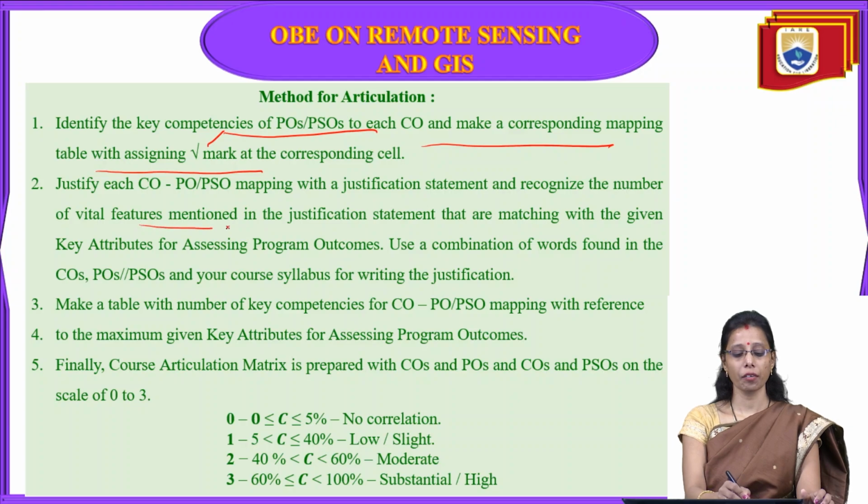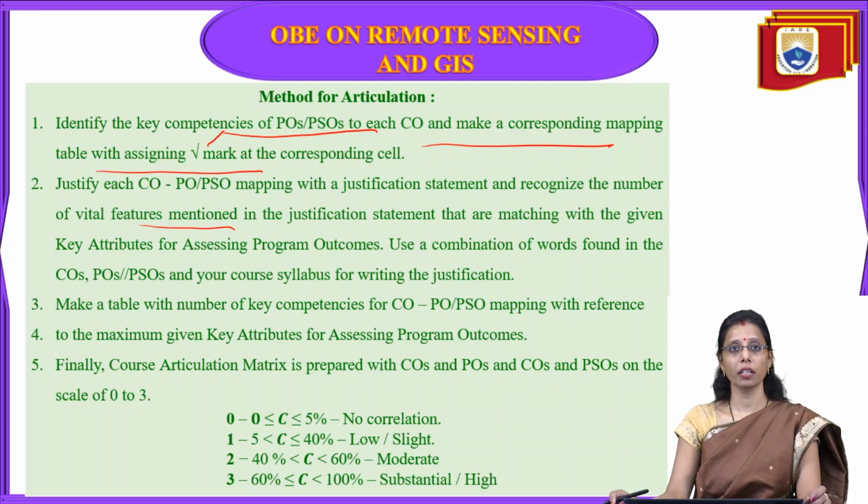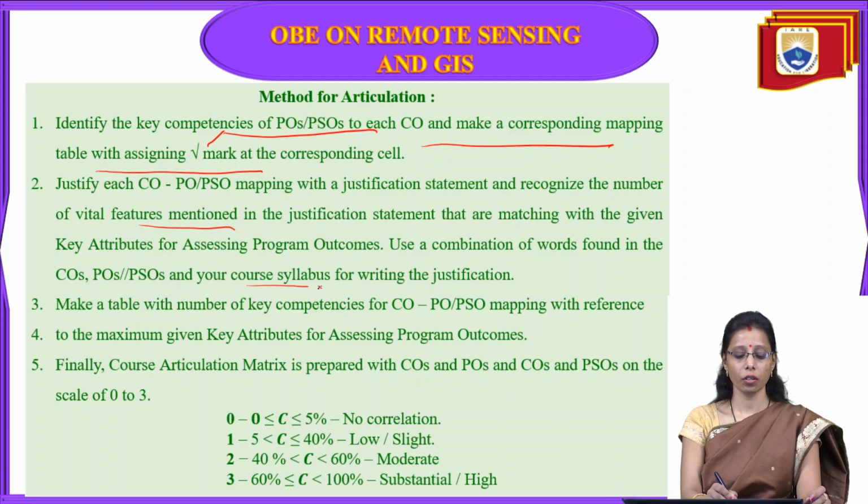Justify each CO and PSO mapping with a justification statement, and recognize the number of vital features mentioned in the justification statement that match the given key attributes for assessing the program outcomes. Here use a combination of words found in the CO, POs and PSOs and your course syllabus for writing the justification.